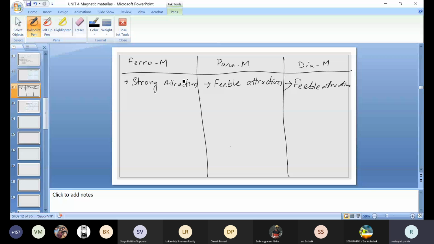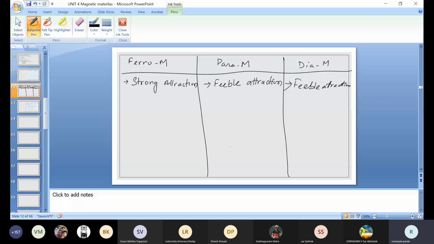So due to this strong attraction and feeble attraction, the magnetic field lines we are inducing are going to be concentrated towards the material, right? The diagram I showed you previously is what is called the concentration of the magnetic field.